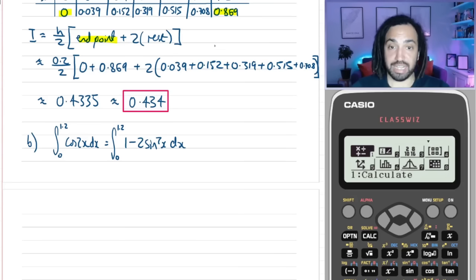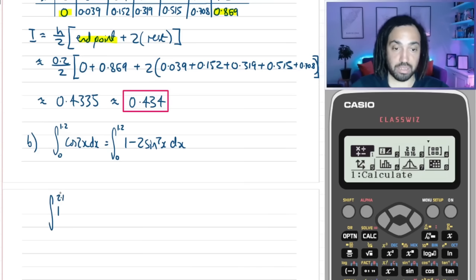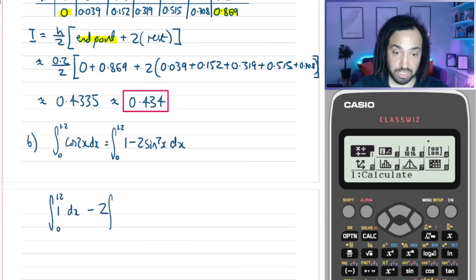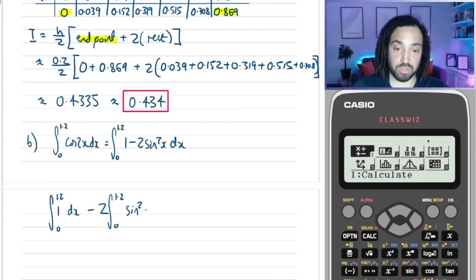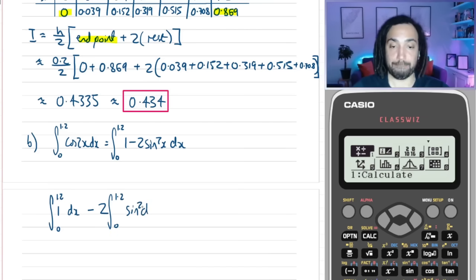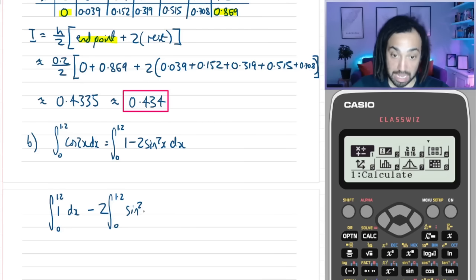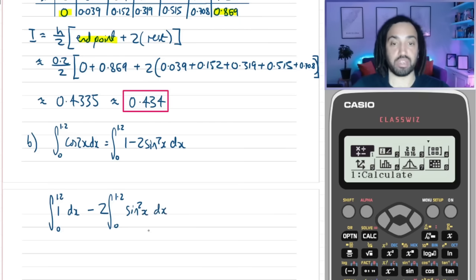So we can write this as the integral of 1 between 0 and 1.2 dx, and then minus 2 lots of the integral between 0 and 1.2 of sine squared x dx.